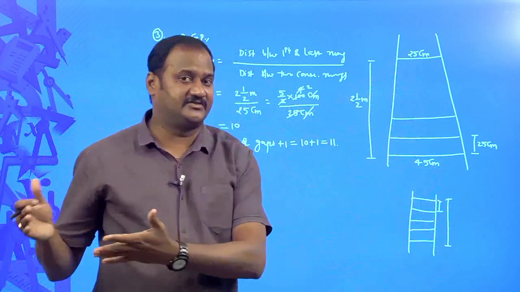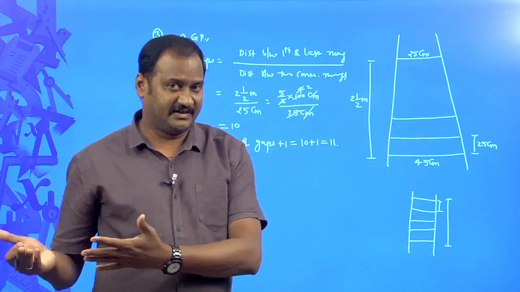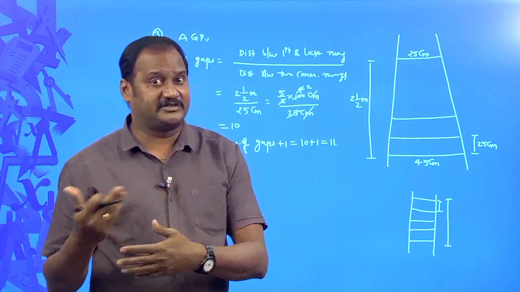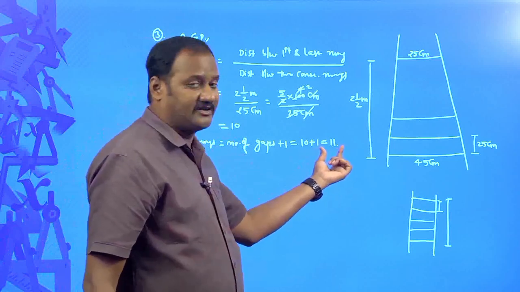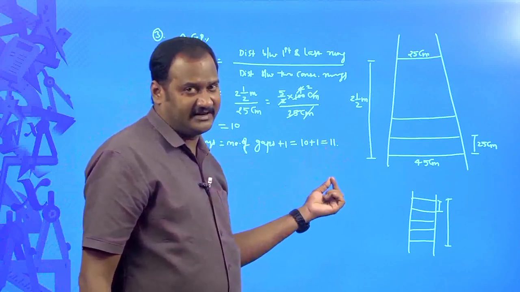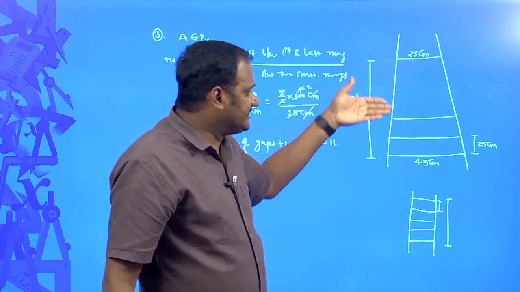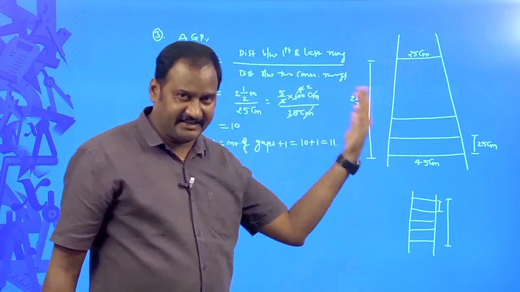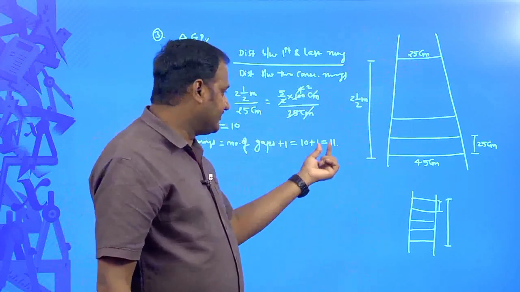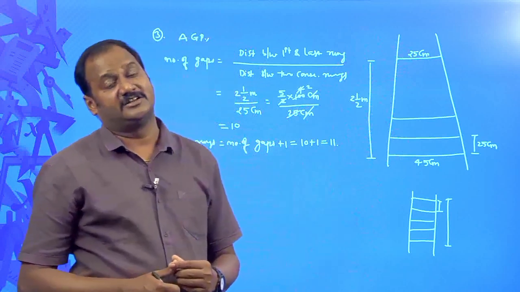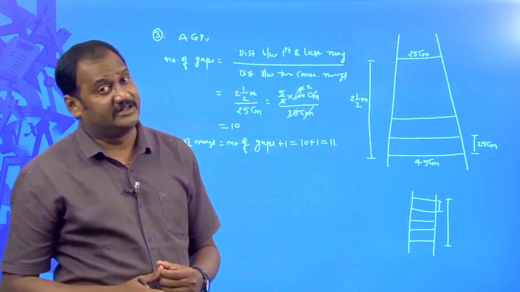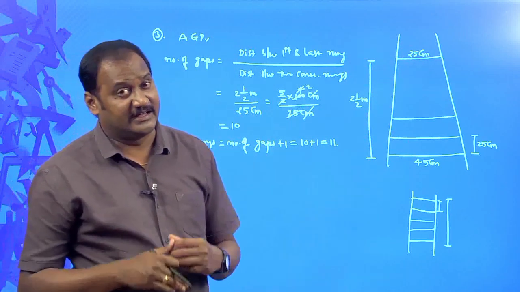So, you can consider that as the nth term, and we know how many terms there are. The number of terms is nothing but the number of rungs, which is 11, right. So, if you keep adding 25 centimeters up to 45 centimeters by taking a and n equal to 11, we can easily find the wood required for the total rungs.